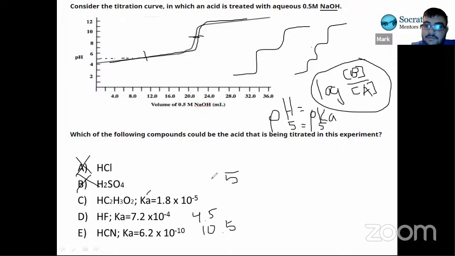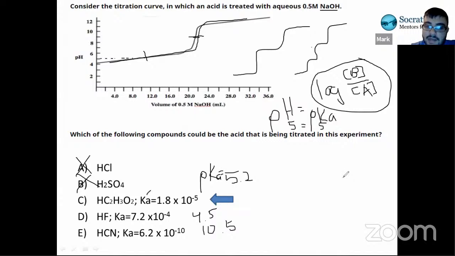Since they gave us the Ka value, we know that the pKa's are 5, 4.5, and 10.5 of these three respectively. We are looking for a pKa of 5. Out of these, this one is the closest. So I would say the answer is C.